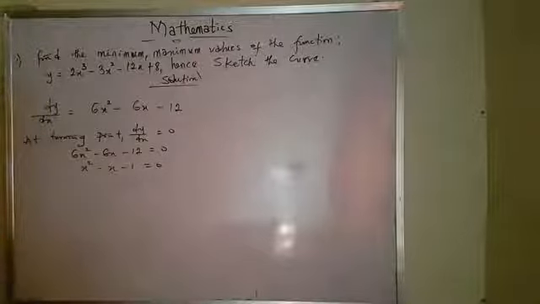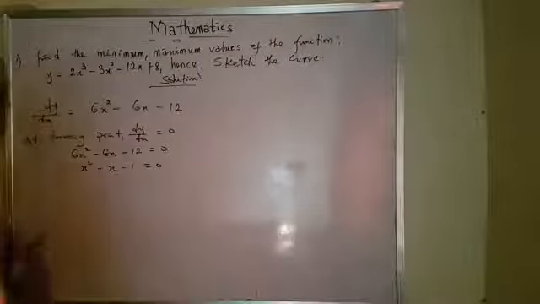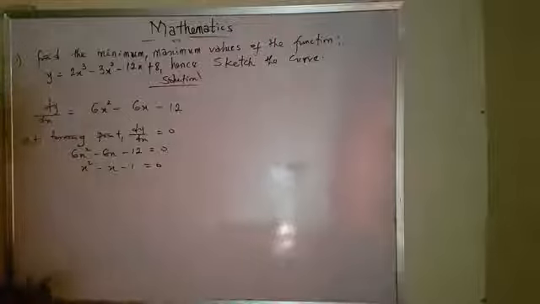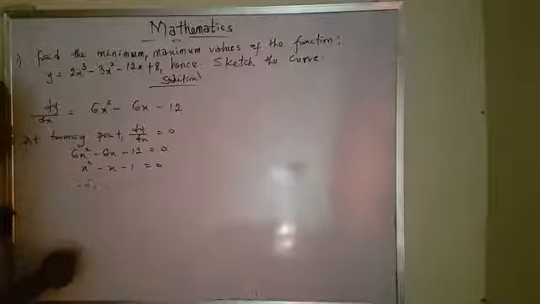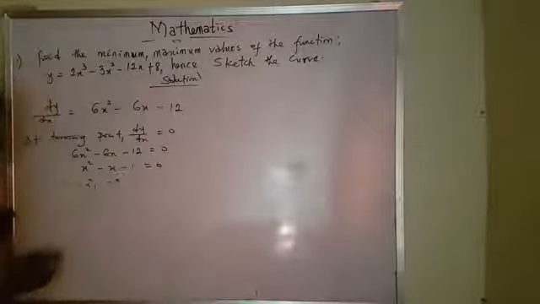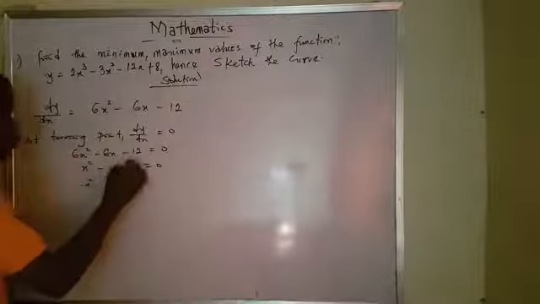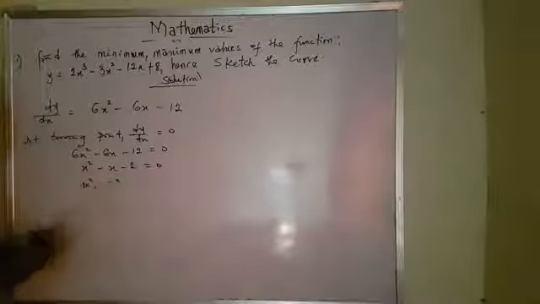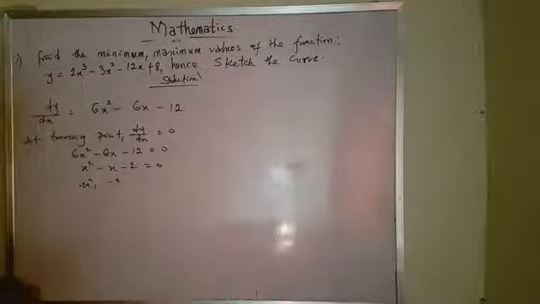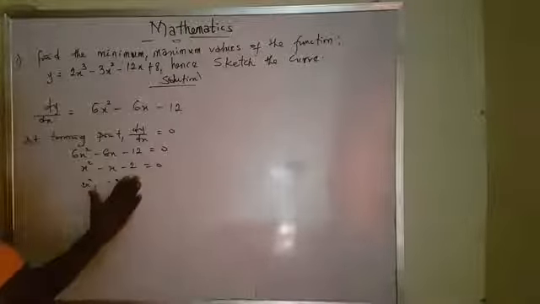So let's factorize this. What are the values we likely have? Okay, factorization method. My product here is minus 2x squared. My sum here is minus x. So what are the two numbers that we're dealing with here? Minus 2 plus 1.